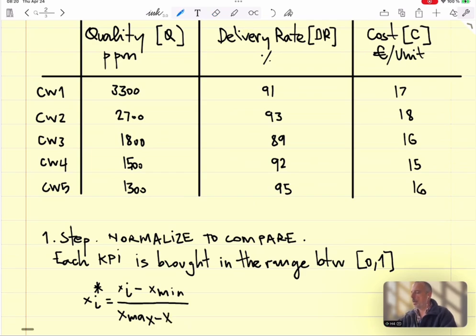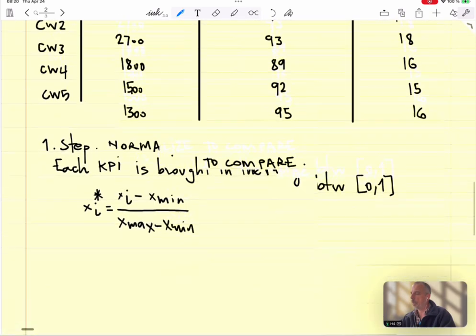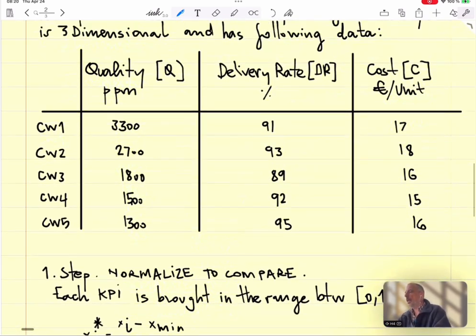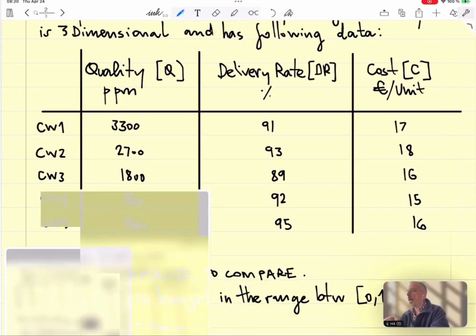But this is just theory. Let's continue with the example to see how it works, okay? Make sure you do this at home with different numbers, at least once, because this will bring you speed, and speed is good for the exam. Let me make a little screenshot here so that I go faster.